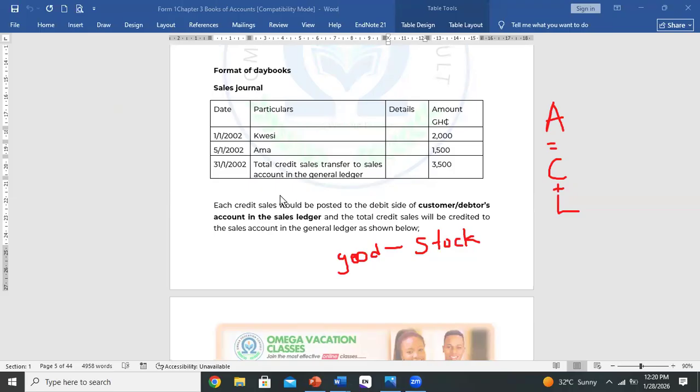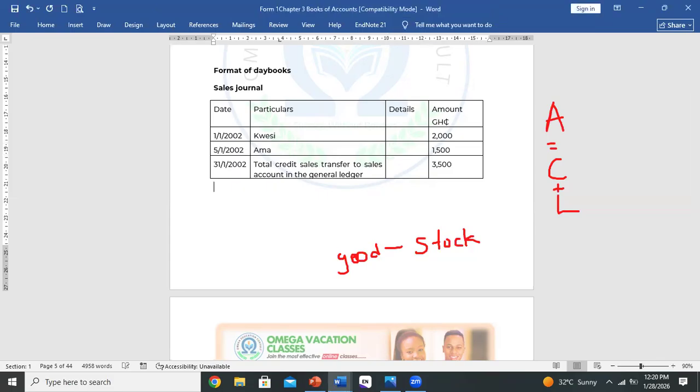So I'm going to ask you this. What will be the effect on the accounting equation, asset equals capital plus liability, if you see a transaction like sold goods for cash of $10,000? What will be the effect? Because you have done that one in school. What will be the effect?